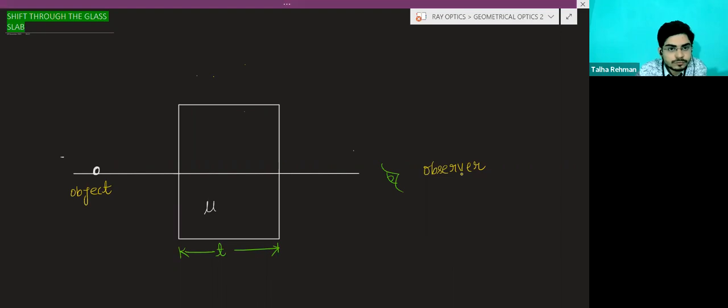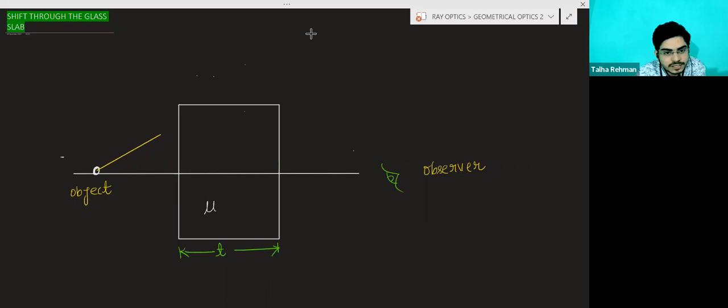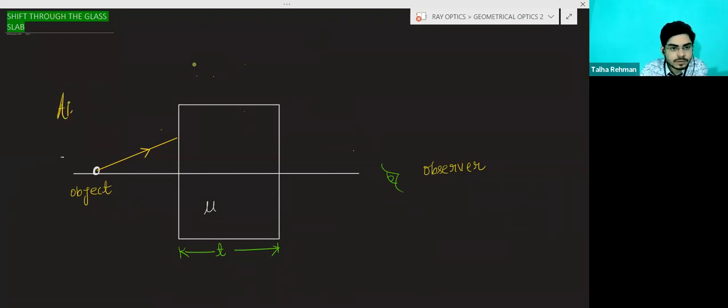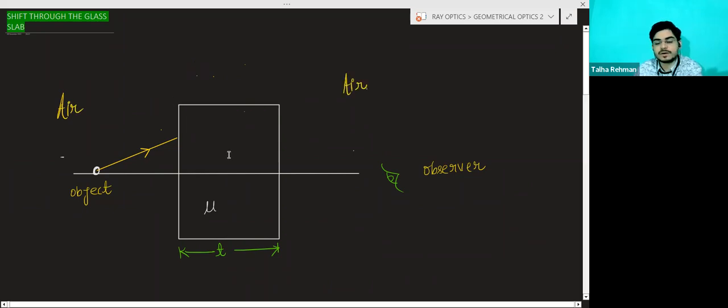Suppose one ray from the object is like this, the first ray. Around the glass slab, which has refractive index mu, there is air. So the object is present in air, and light is going from air to the glass slab first.